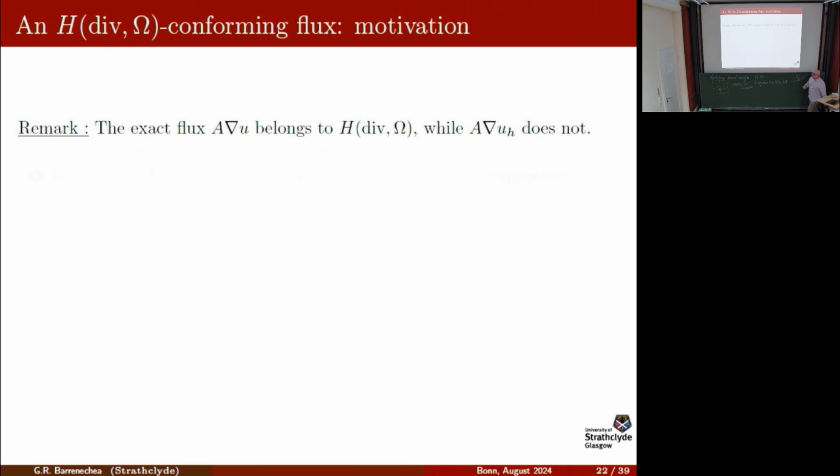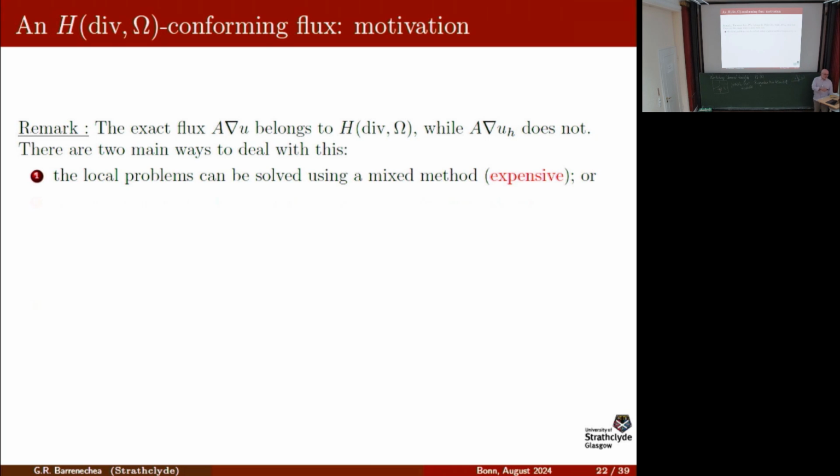The problem is when you start dividing this, and then you start losing a little bit of conservation, especially when you introduce a submesh. Because then A grad u_h, your finite volume scheme might be defined on the subjacent simplicial triangulation, and then we start getting into trouble. So there are two ways we can deal with this.